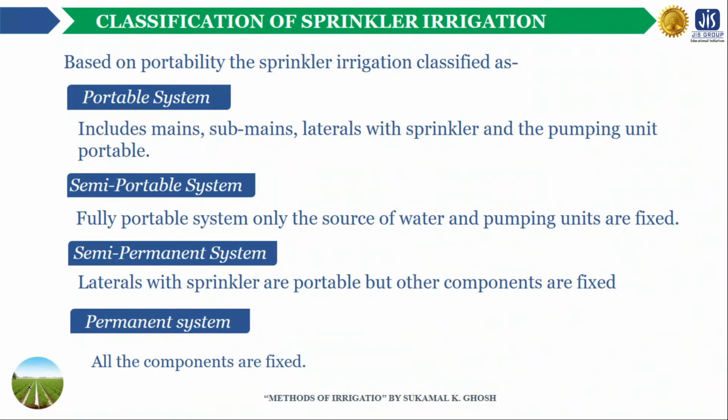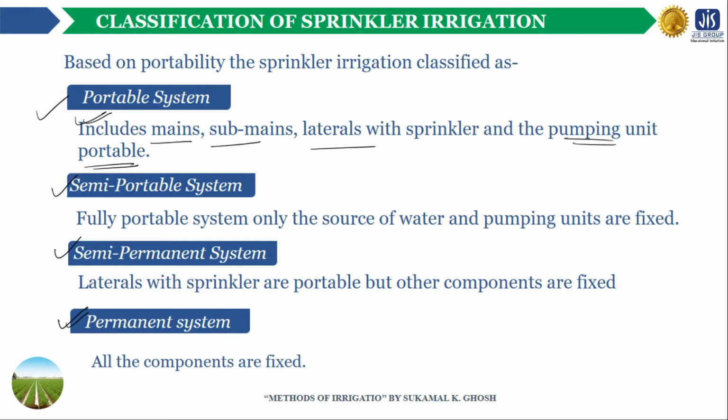Based on portability, sprinkler irrigation systems are classified into the portable system, the semi-portable system, the semi-permanent system and the permanent system. A portable system has the main pipelines, sub-main pipelines, lateral pipelines with sprinklers and the pumping unit portable.